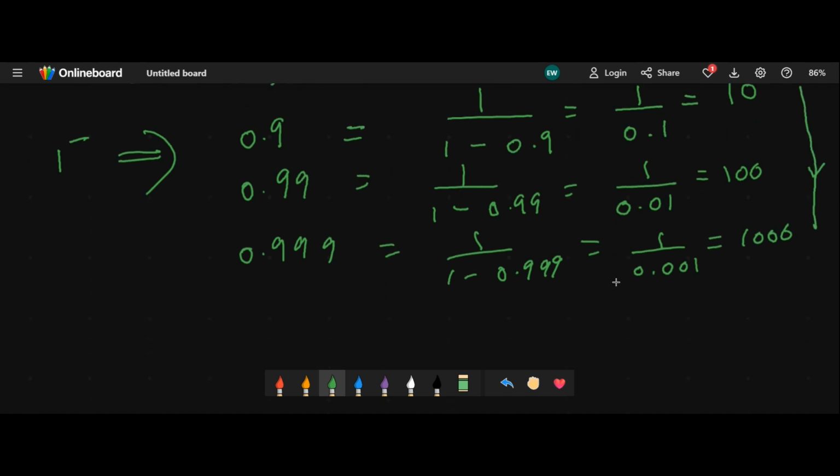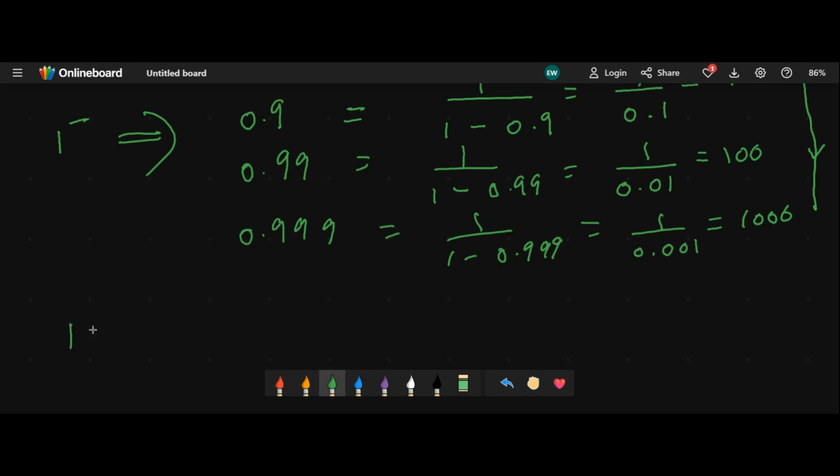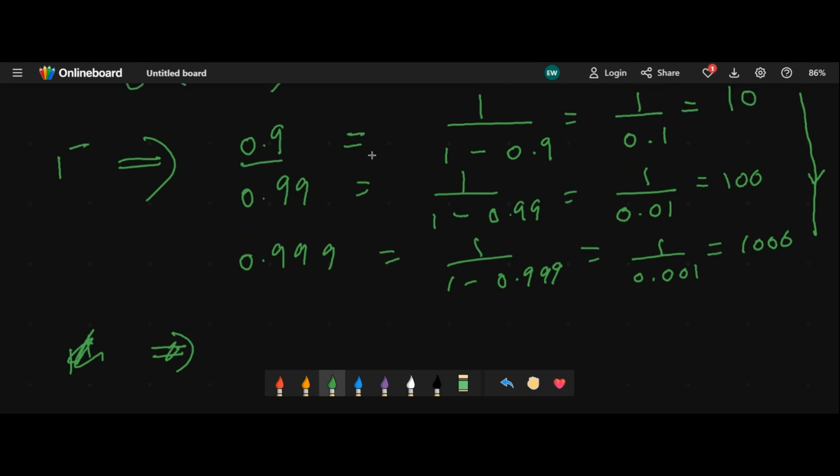What we will do is, now we will put a value a little greater than 1. Okay, 1 plus. But before going to 1 plus, see here, when it is 0.9 it is 10, when it is 0.99 it is 100.